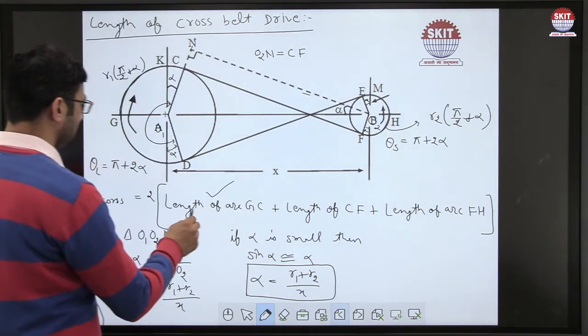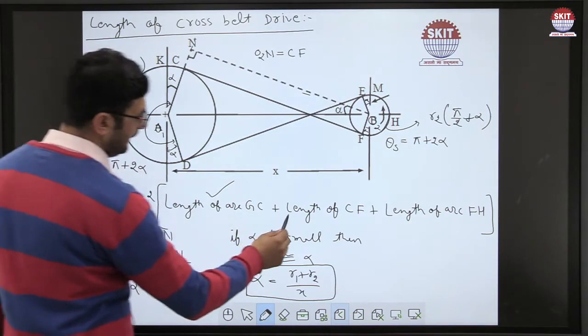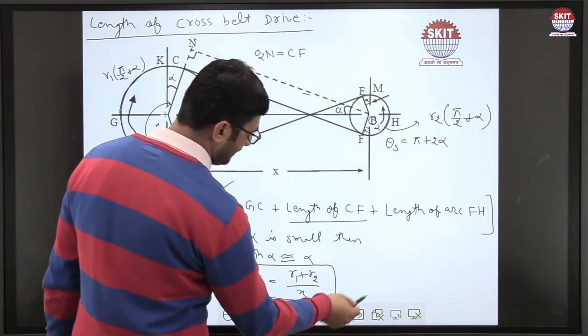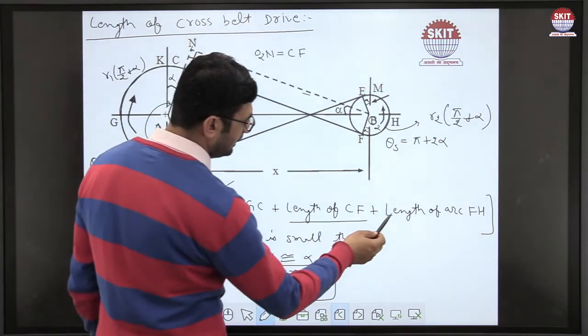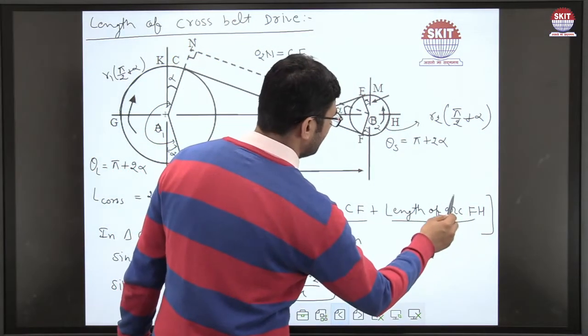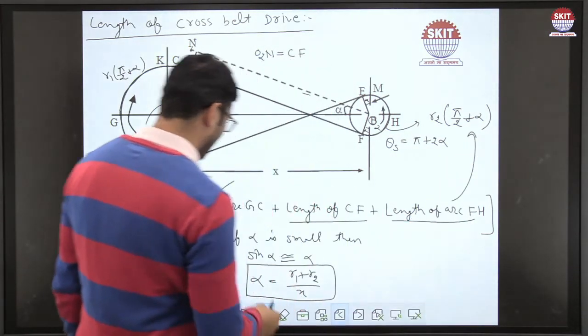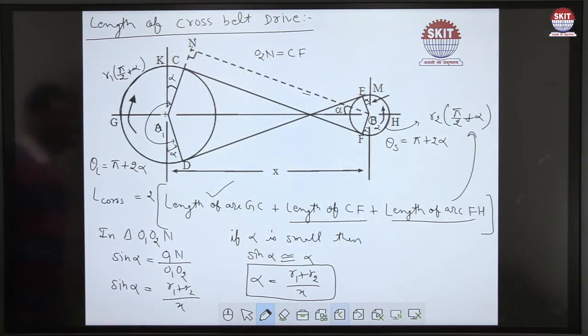This value and the alpha value we have found, and we put them in to find the last expression.